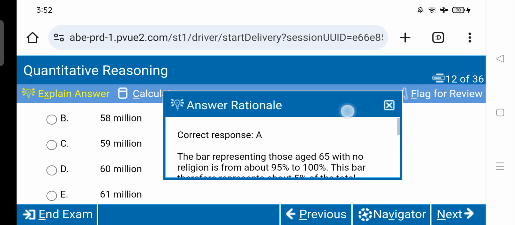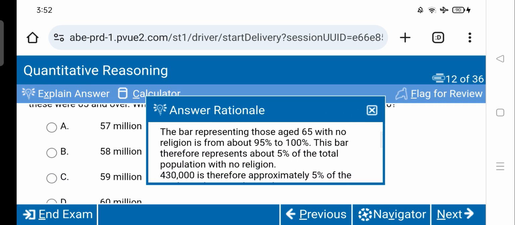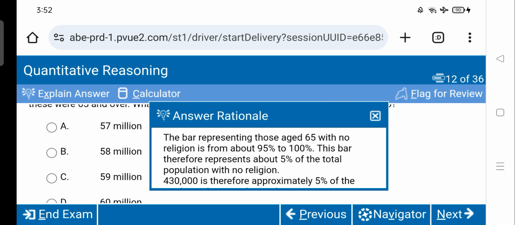So the correct response is option A, as the bar representing those aged 65 and over with no religion is from about 95% to 100%.